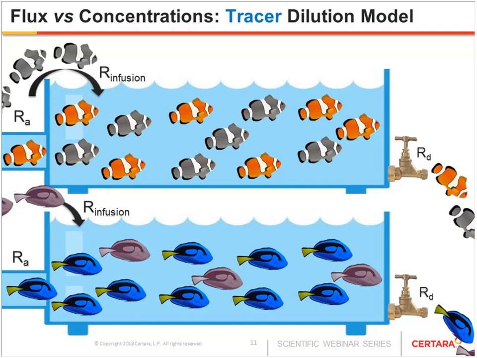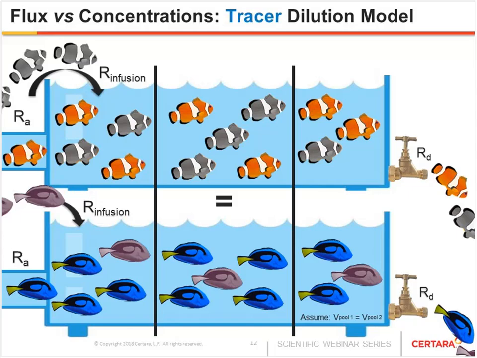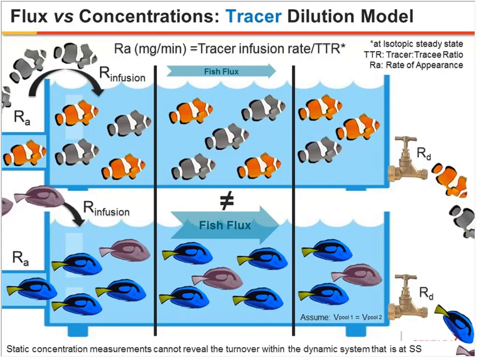Then let's assume we could incorporate those exogenously into our tanks and take a concentration measurement. Again, we would reach the same conclusion in terms of concentrations: the same concentration of fishes in the tank at the top and the tank at the bottom, so 5 fishes per unit volume.